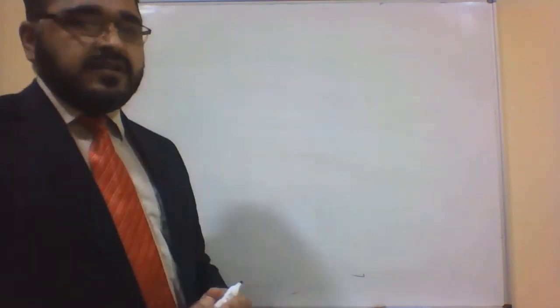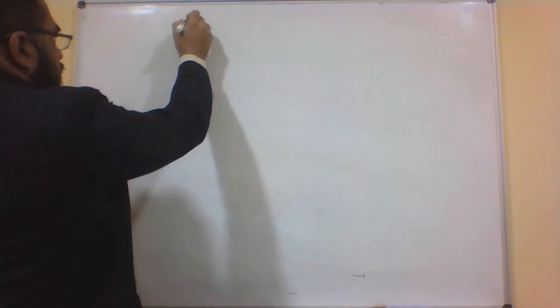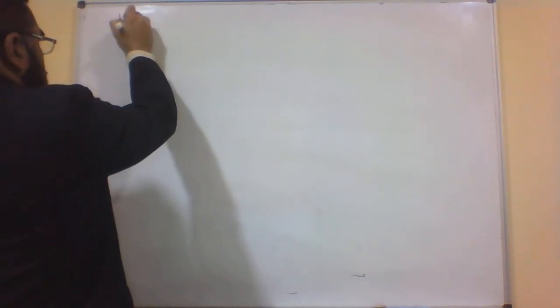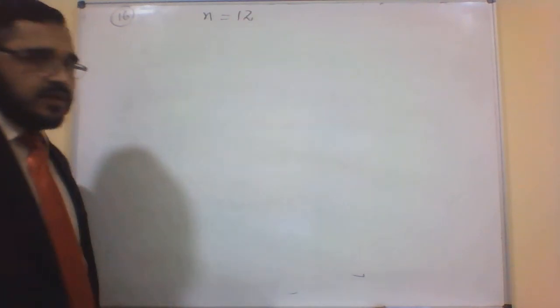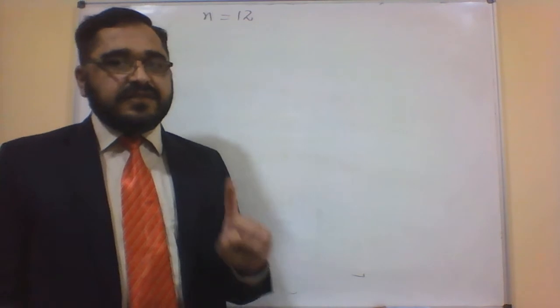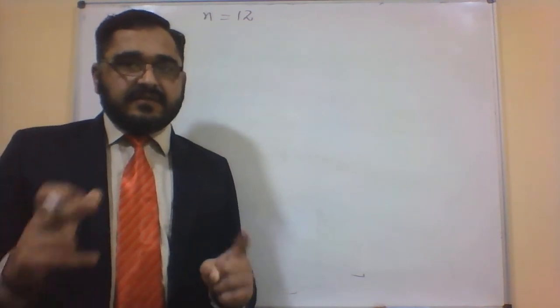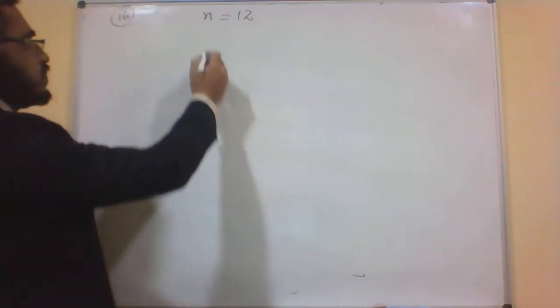Here, first of all, there are 12 sectors in total. Then the number of terms in the arithmetic progression will be 12. N is equal to 12. Then the first sector and the 12th sector, he is giving us the relation.